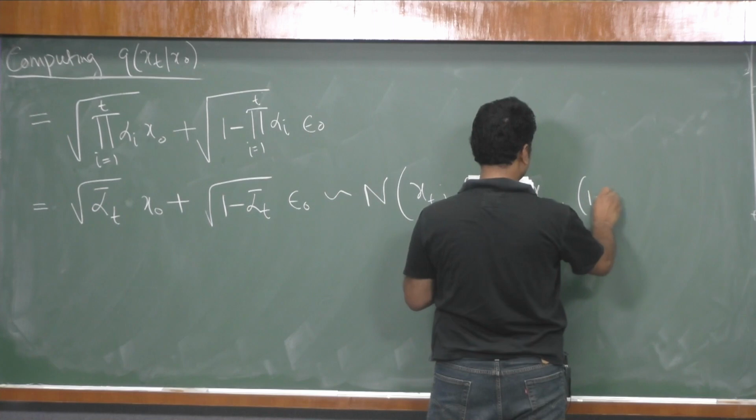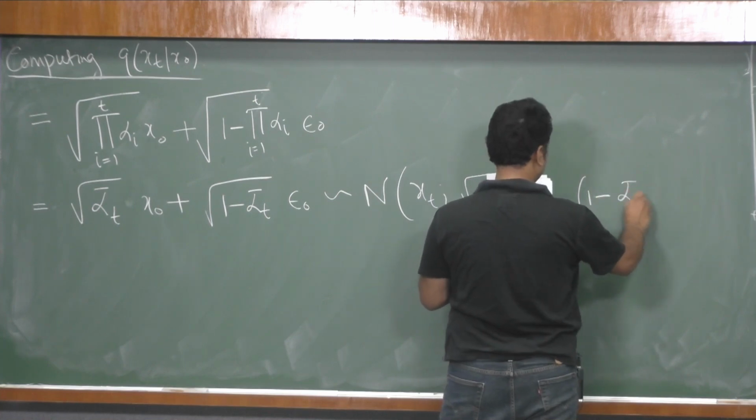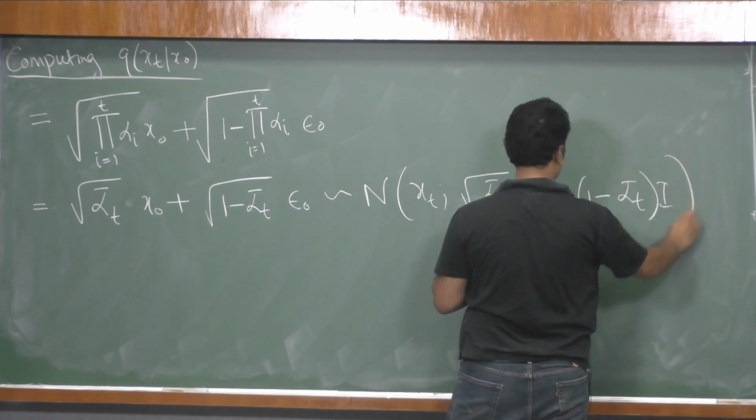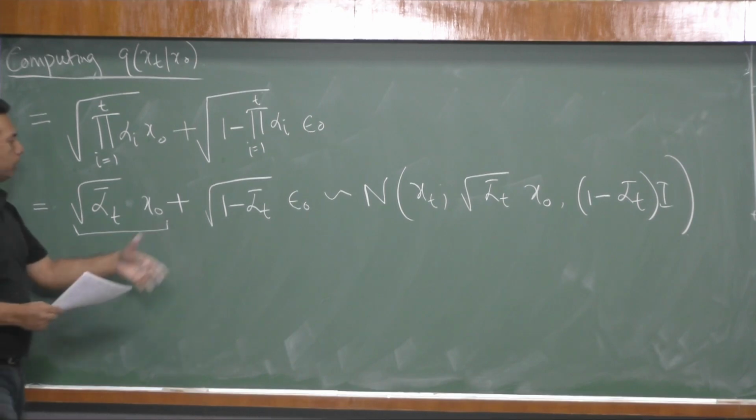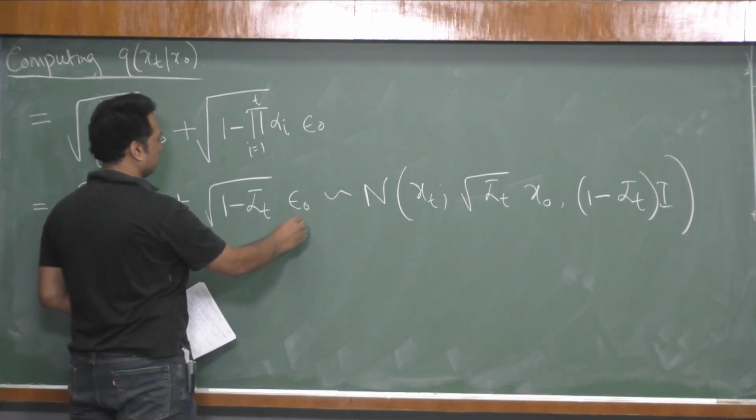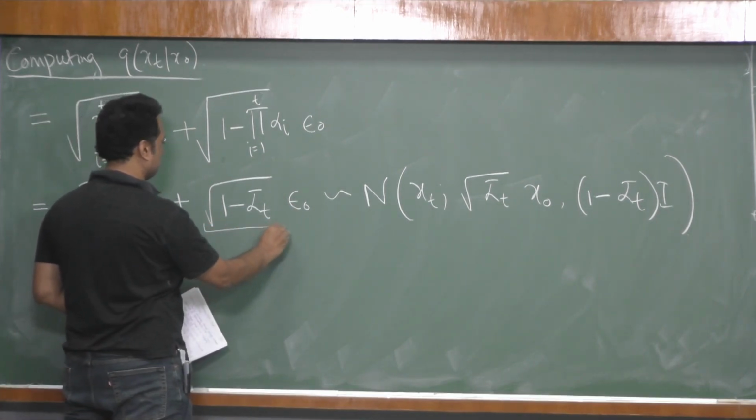And then the variance will be 1 minus alpha bar t. Okay, x naught is not a random variable, it's a constant, right? So these guys are constant, and this guy obviously is a random variable, standard normal, and this is scaling this guy.